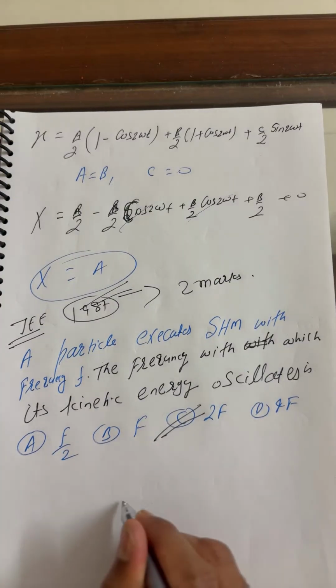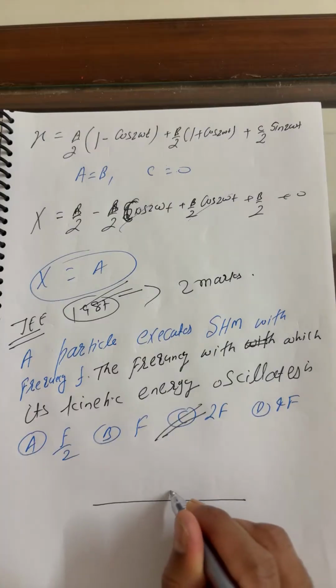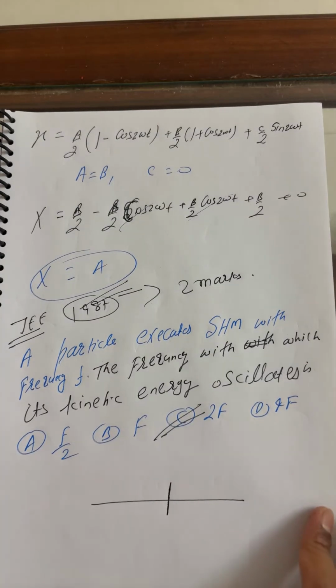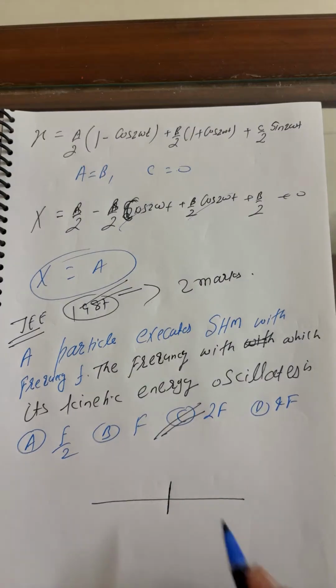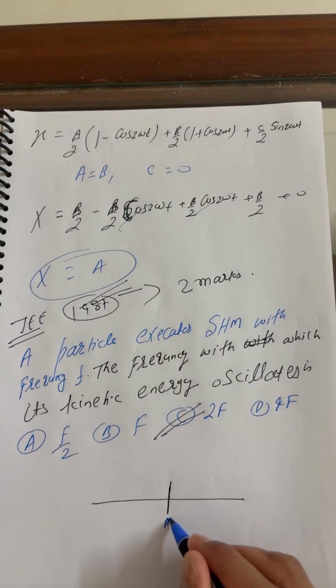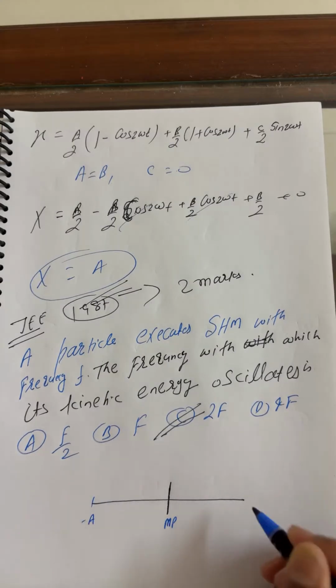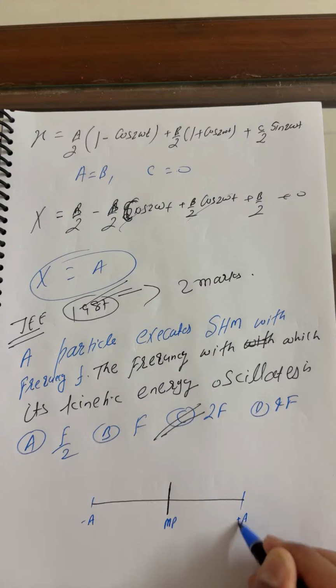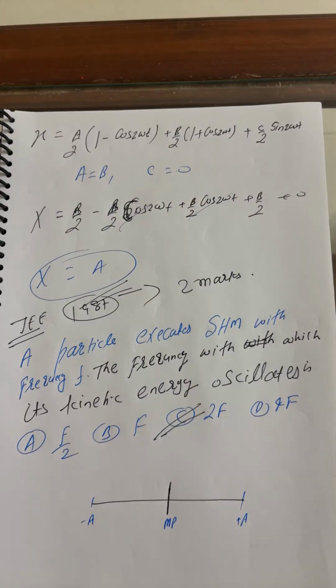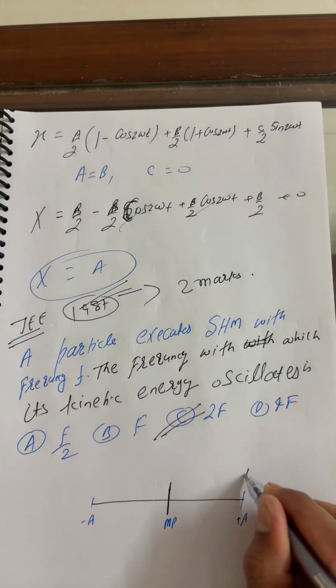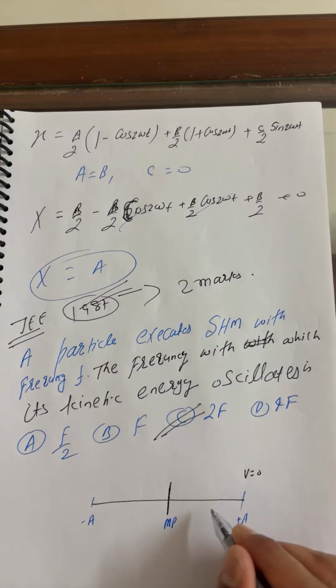It's simple here. How you can understand: let us suppose this is the mean position. Listen here, I'm explaining this question again. This is the mean position, and this is the extreme position, minus amplitude, and this is plus amplitude, right? So once you release the particle from the extreme position, the velocity is zero.